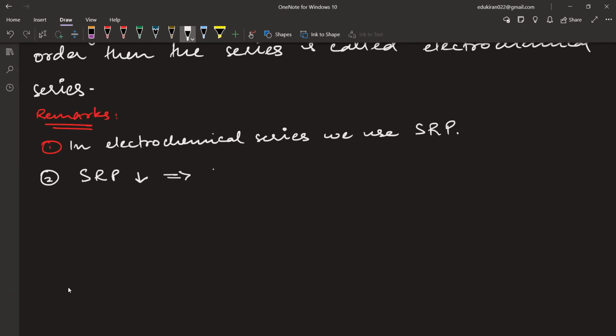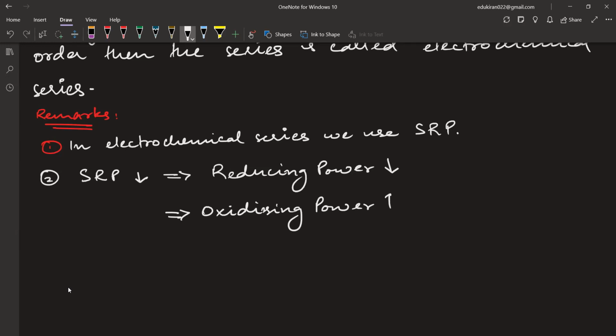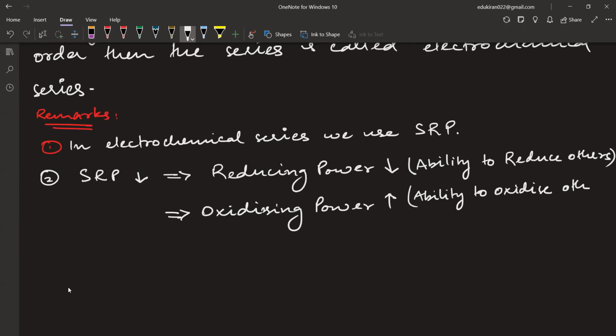That means reducing power is decreasing, and oxidizing power is increasing. Reducing power is the ability to reduce others, and oxidizing power is the ability to oxidize others.